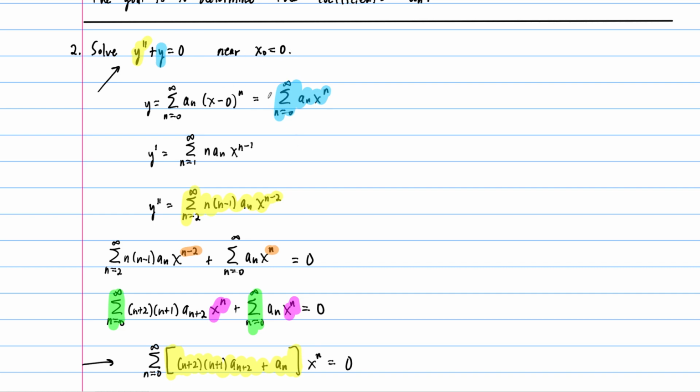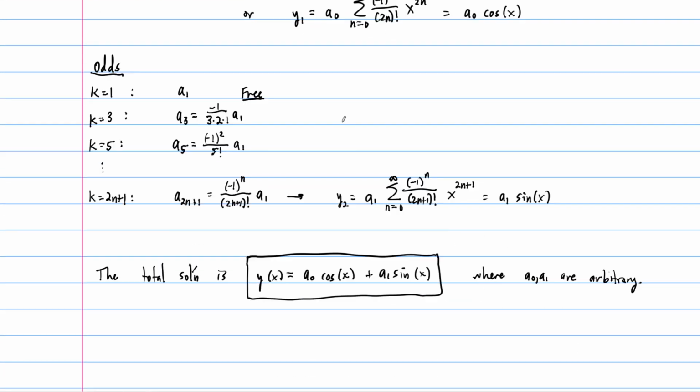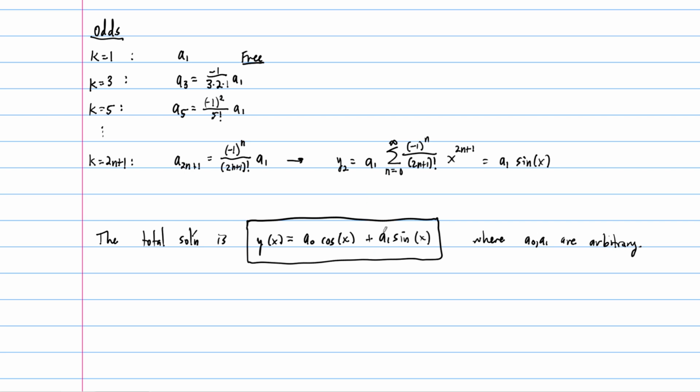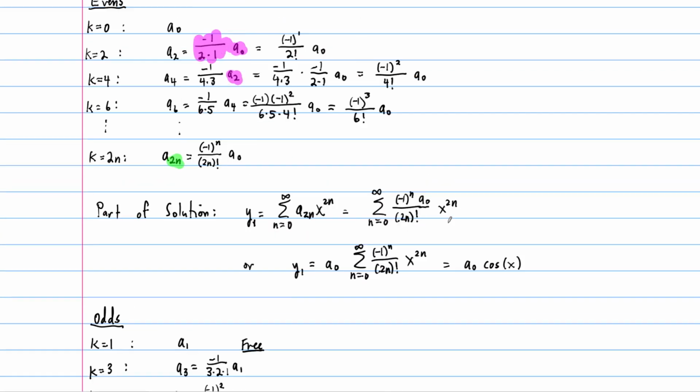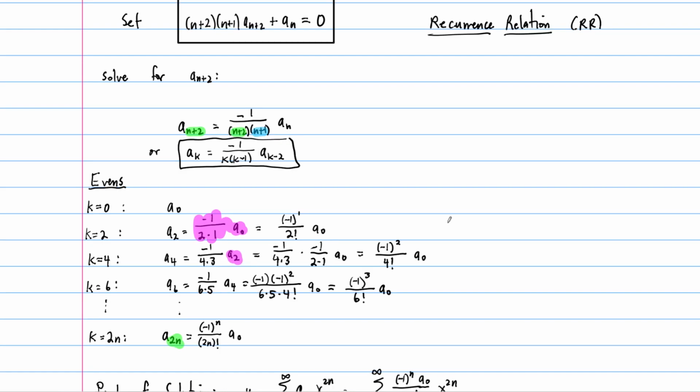You plug into the formula for those, and you get the exact same solution, which you better, right? You better get the same solution, or at least an equivalent solution. In this case, it's the exact same solution using our power series method that we would have gotten from our characteristic polynomial method.